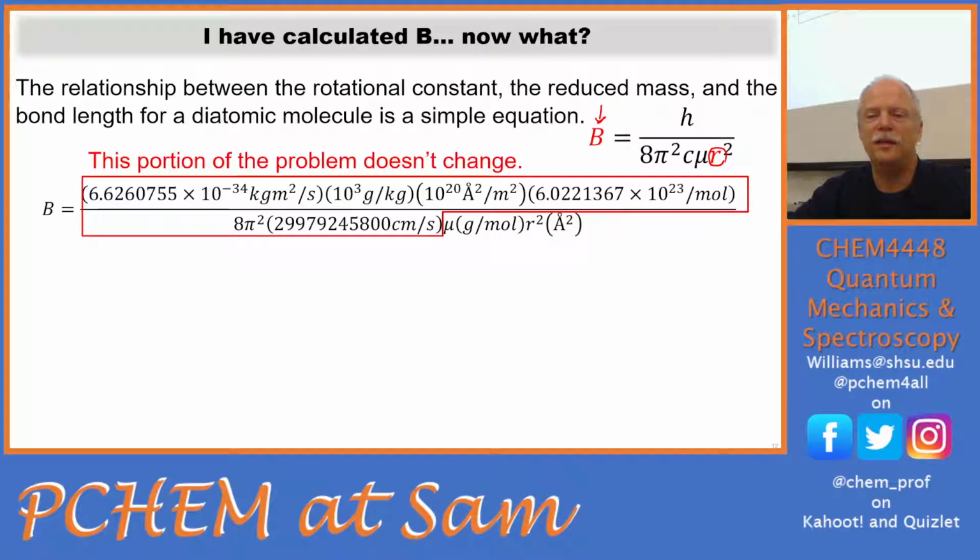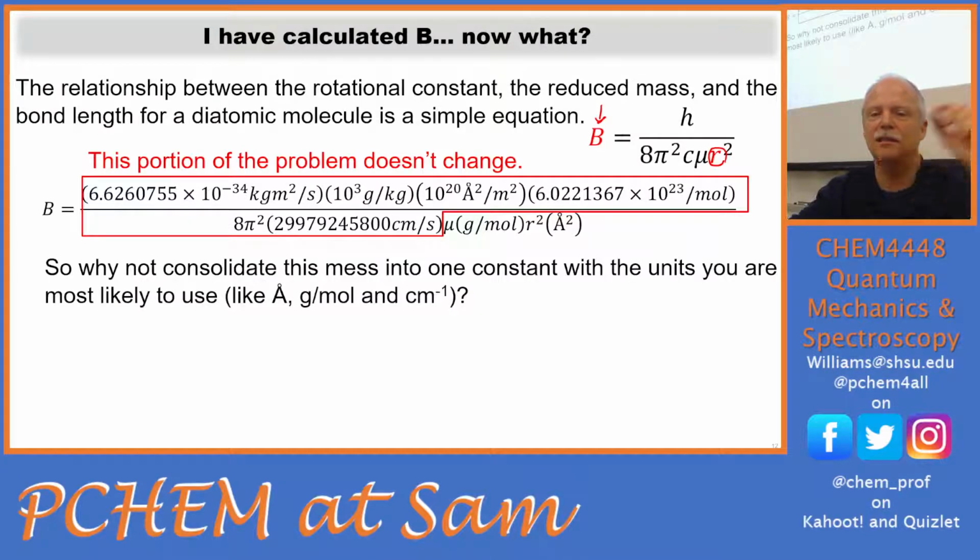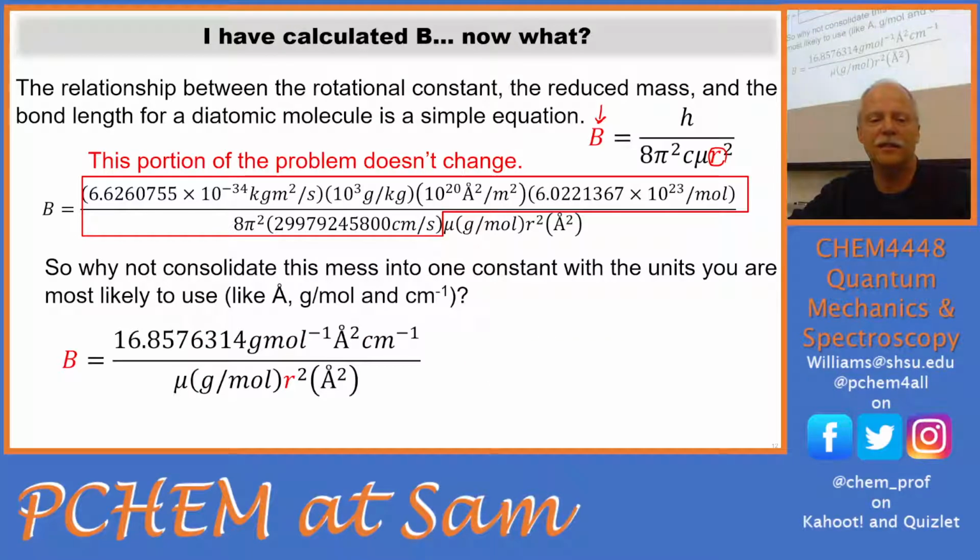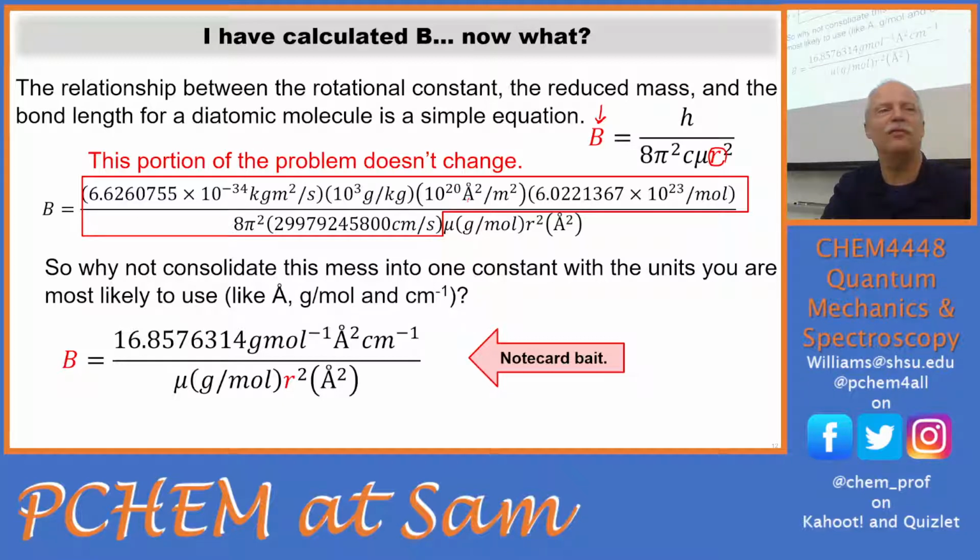Well, this whole piece up here doesn't change. So make life easy for yourself and calculate this one time and make it into a constant. You can consolidate all of these things into this constant, and that is note card bait, right? Because all of this stuff, Planck's constant, Avogadro's number, conversion from angstroms to meters, kilograms to grams, the speed of light, 8 times pi squared, put all of that into one number that has the units.